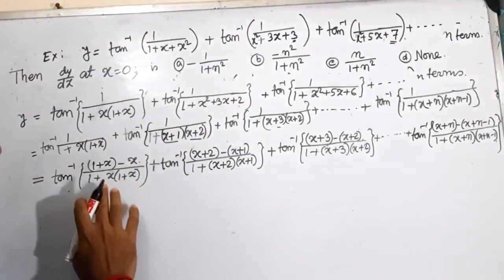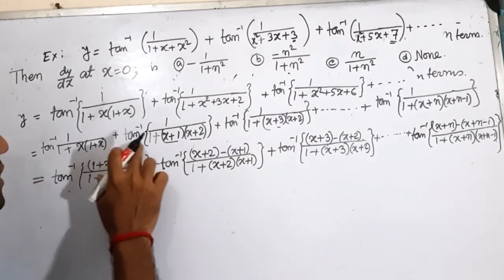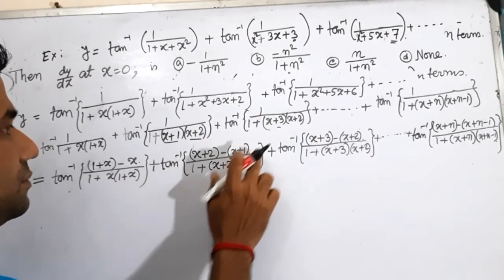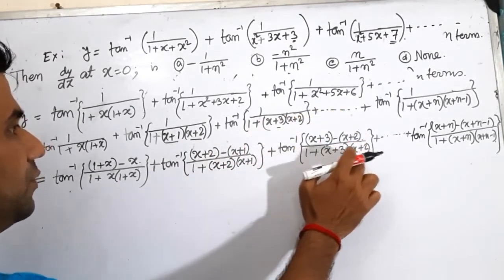Now this is in the form tan inverse (a minus b) by (1 plus ab).